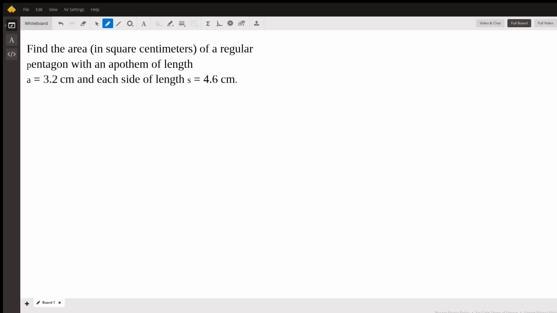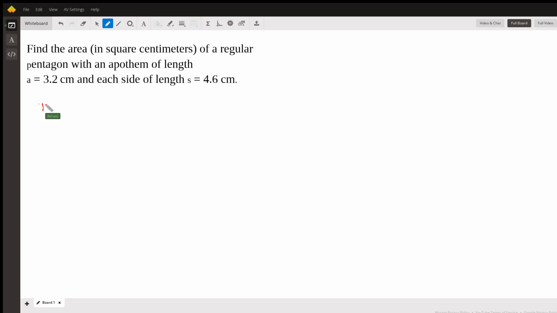So let me just get into the pen tool. And the formula is just the area is 1/2 AP, that you should memorize. So I'm going to put that in red so that you have an incentive to memorize.